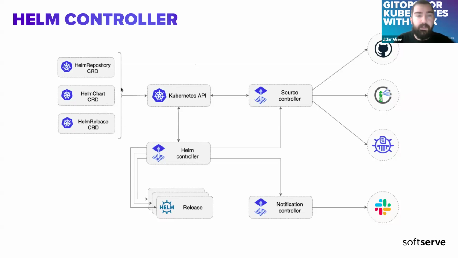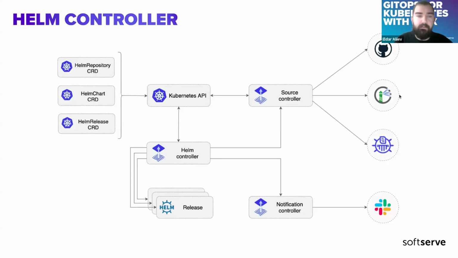Once we apply all of these custom resources, the source controller will gather the information about the Helm repository. Actually, it's the Helm repository manifests that contain information about the charts and all of the supported versions. It can be different sources. It can be, for example, Docker repositories.